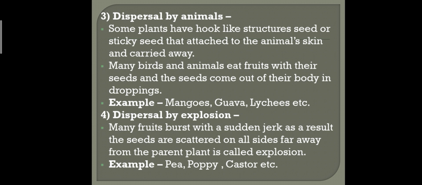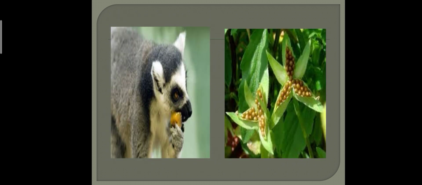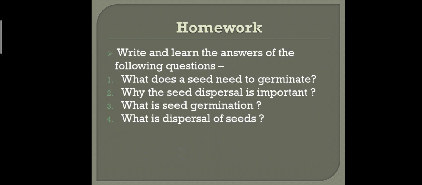For example, pea, poppy, castor, etc. In the next figure, you are able to see the animal eating the fruit, and they will excrete that seed through their waste material, and wherever the seed reaches, the new plant will grow at that place. And the second figure is of the poppy. By explosion, the seeds of the poppy get scattered. This is your homework, and this is all.